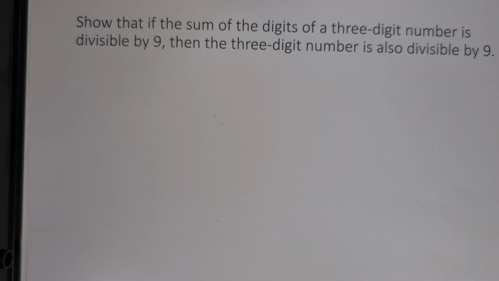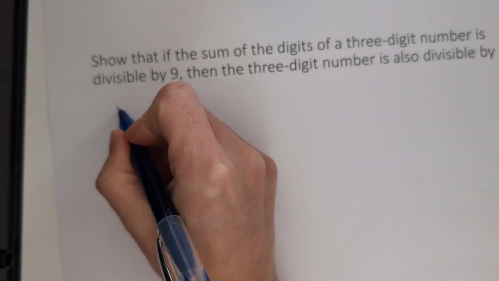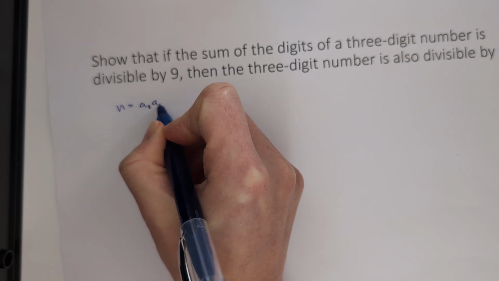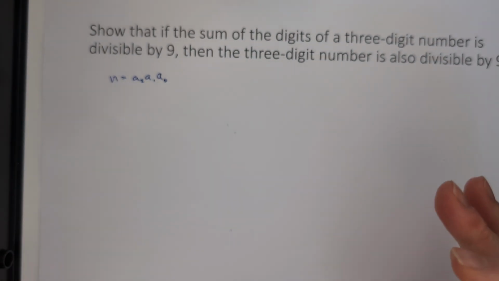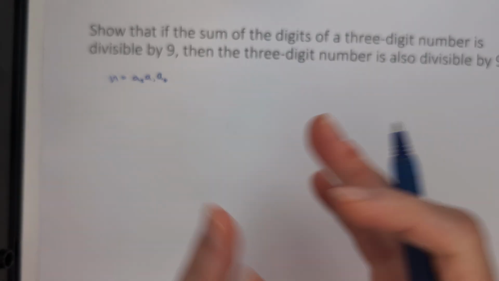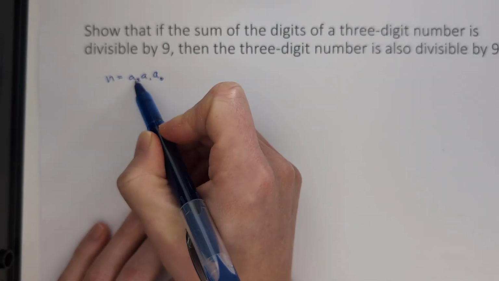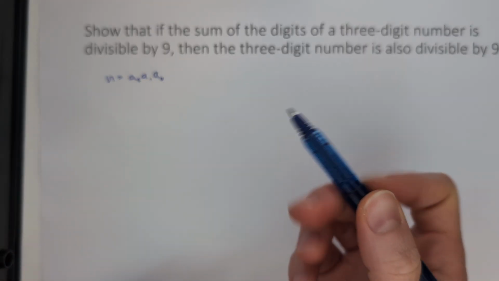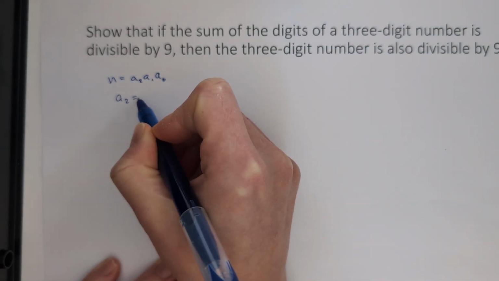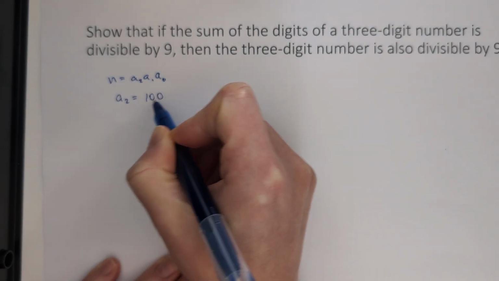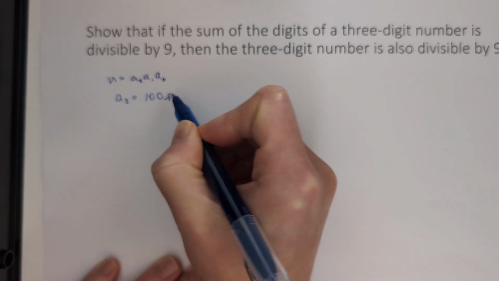So we have some kind of 3-digit number here. Let's say this number is A2, A1, A0. But we need to find some way to represent the digits and these numbers in the same kind of way. A2 is some digit, but it's in the 100s place. So a better way to write this would be that this is some integer times 100 because it's in the 100s place.